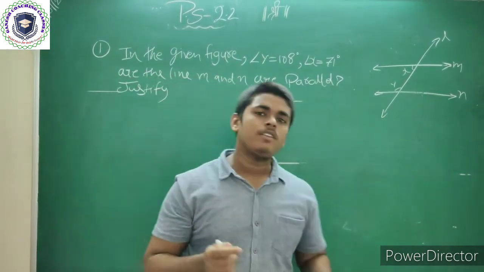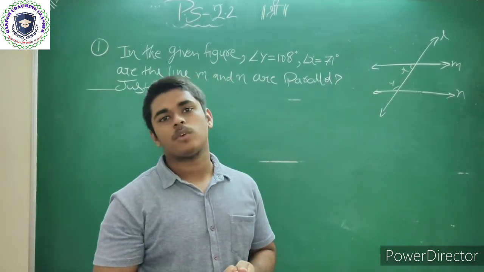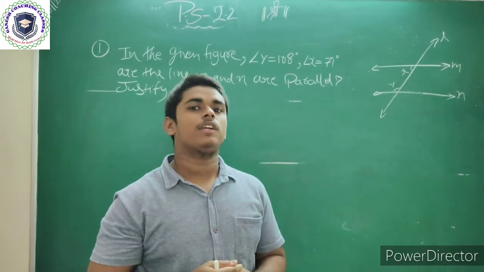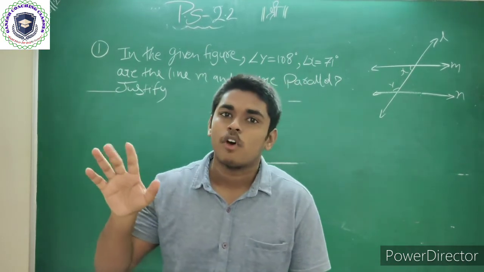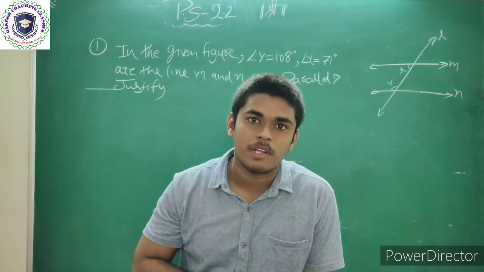We have learned the properties for two parallel lines and one transversal. Angles in a linear pair are 180 degree, supplementary. Interior angles are also supplementary angles.